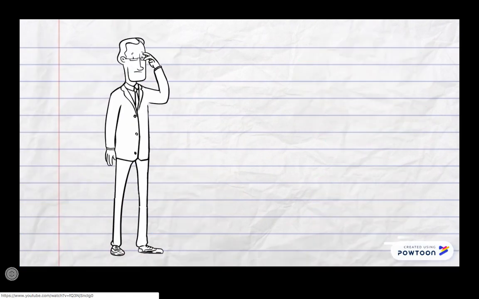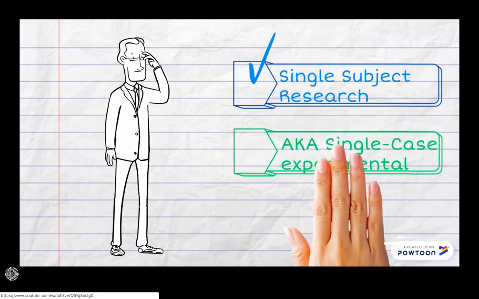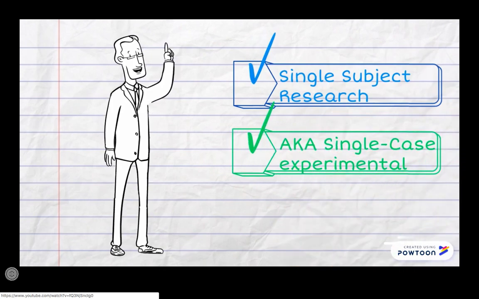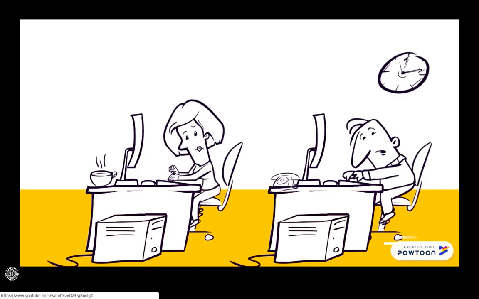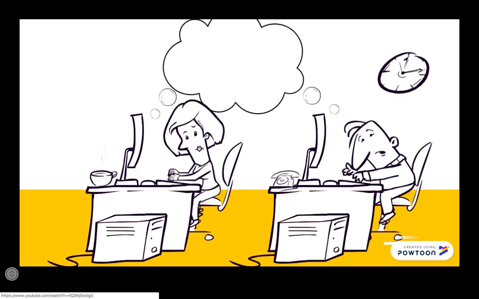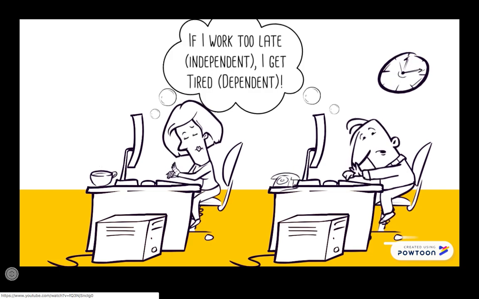Single subject research design, also known as single case experimental research design, is a type of experimental research. Experimental research works to identify a correlation between the independent variable and the dependent variable, which means change to the independent variable will impact the dependent variable.